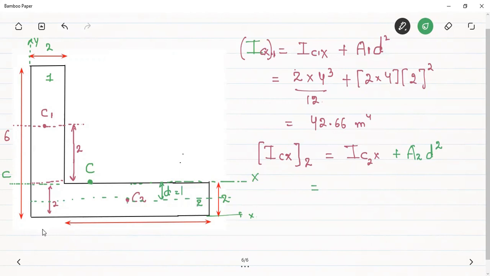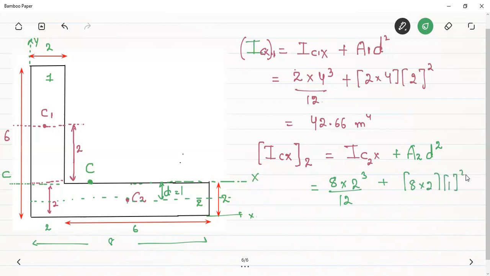This b this time is complete and equal to 8, and the depth d is equal to 2, therefore 8 into 2 cube divided by 12. This we know from the basic formula. The area will be equal to 8 into 2, and the square of the distance between them is 1 square.